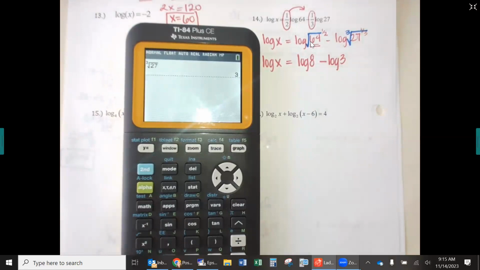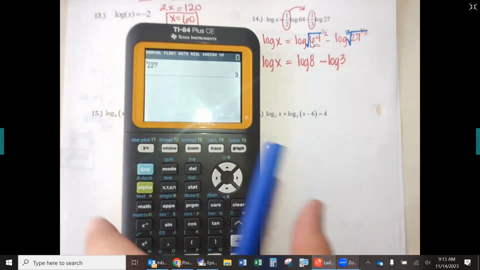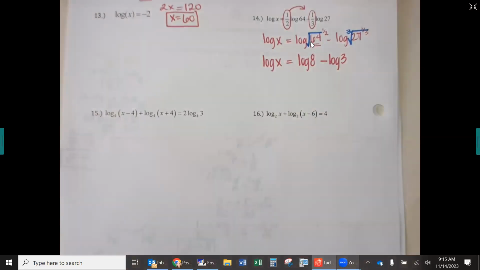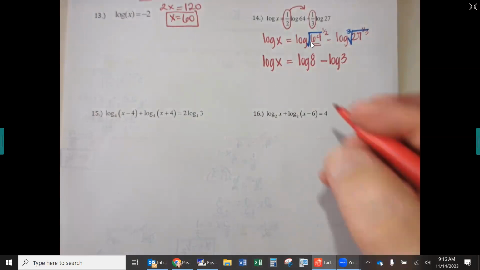Question, can I right now log both sides? If there's more than one on the right side, you gotta condense, right? And if the logs are subtracted, how can I put them into one log together? Do you remember? Divide.